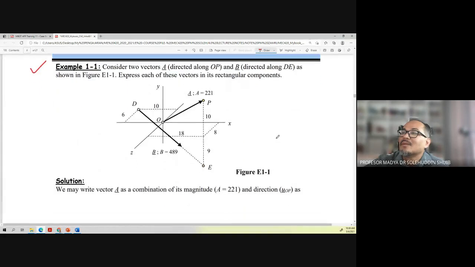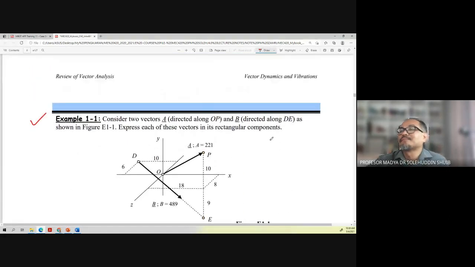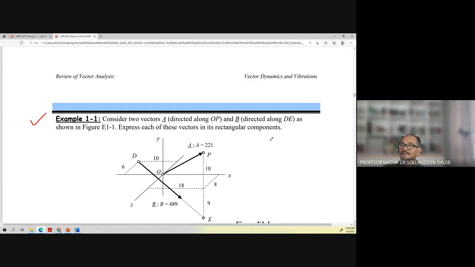We have two vectors. Vector A is directed along OP, and the magnitude of it is 221.